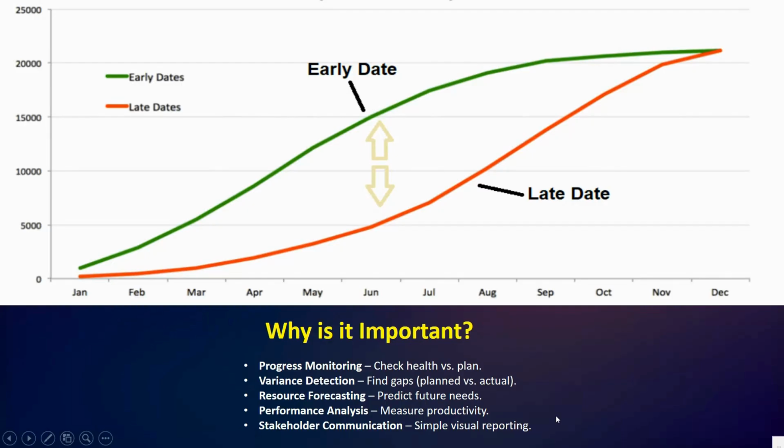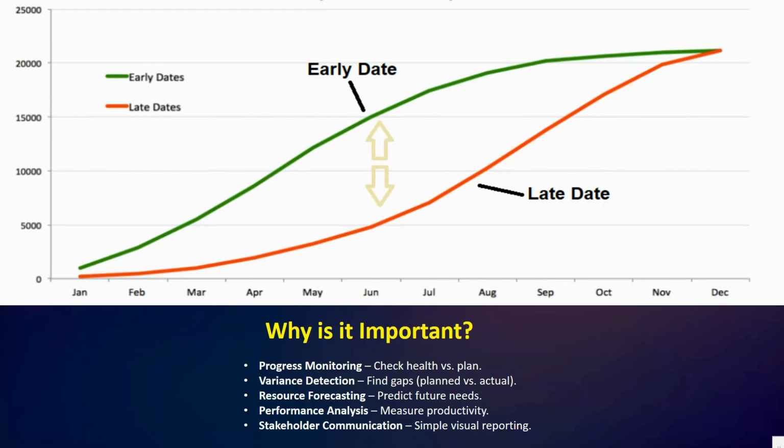Perhaps one of the biggest benefits is that the S curve is simple and visual. Even stakeholders who are not technical can easily understand project performance with these S curves.